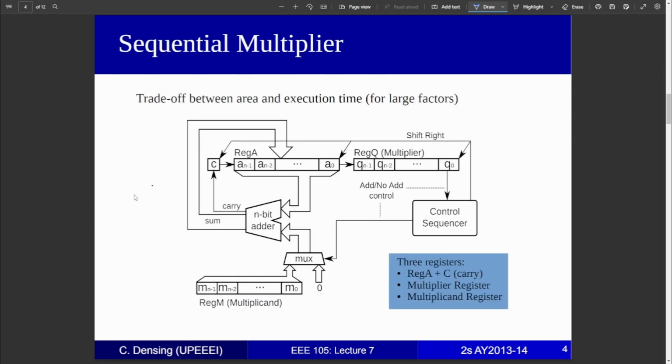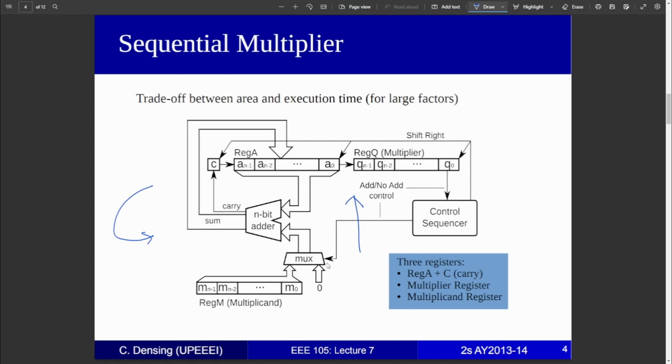You can look at this for yourself. It's quite a more complicated circuit, but it's basically something that does the multiplication sequentially. So you just shift these bits. So you just replace the topological shifting by a shifter.